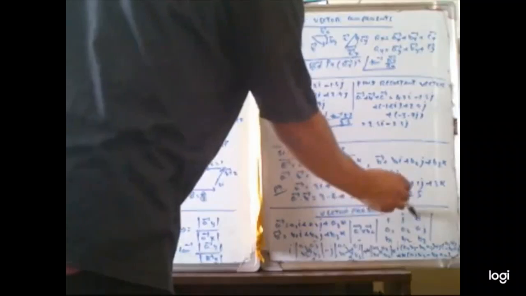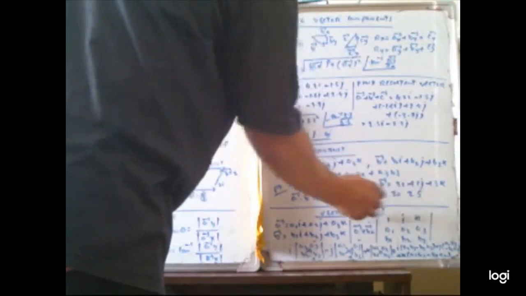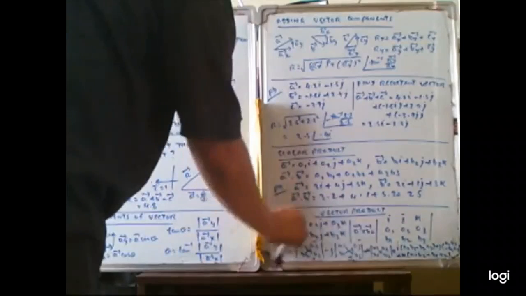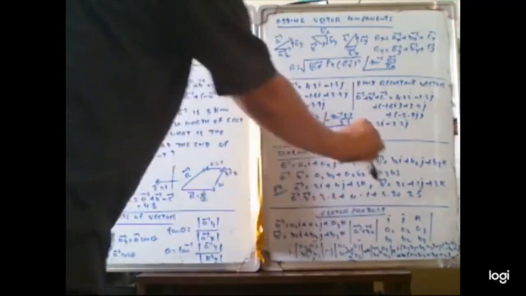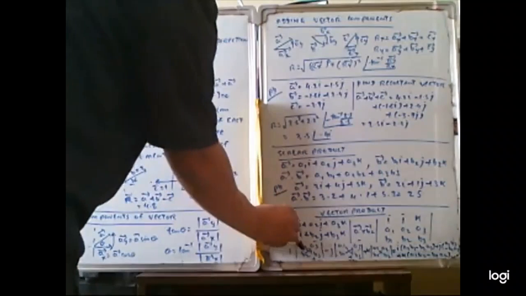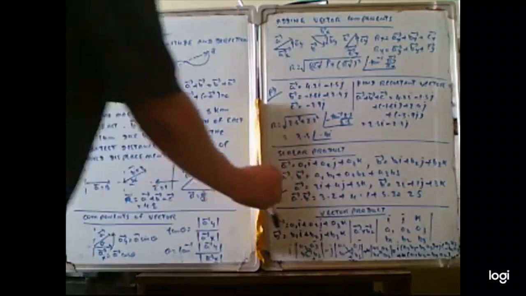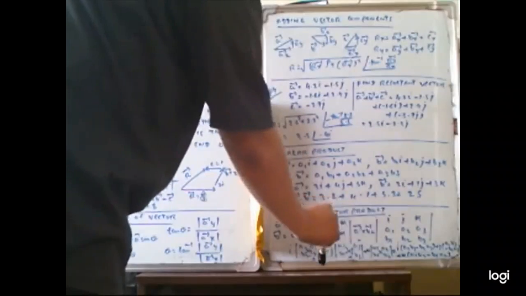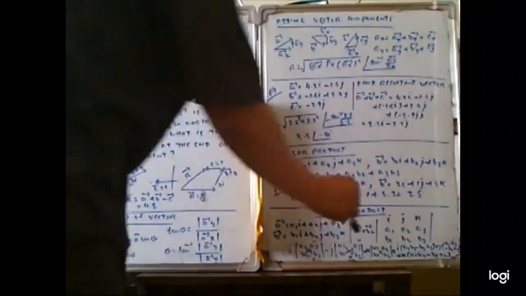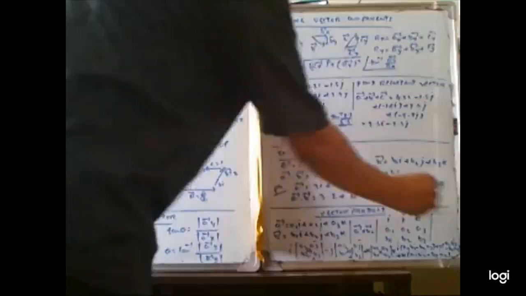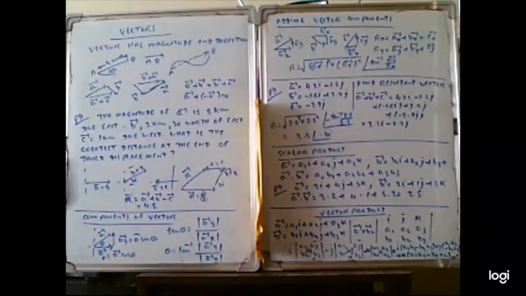And the plus k: the whole column and row are forgotten, so write down A1, B1, A2, B2. So this multiplication is positive, this one negative. So this is i (A2 B3 minus B2 A3) minus j (A1 B3 minus B1 A3) plus k (A1 B2 minus B1 A2). So this is the total vector. This is the cross product.